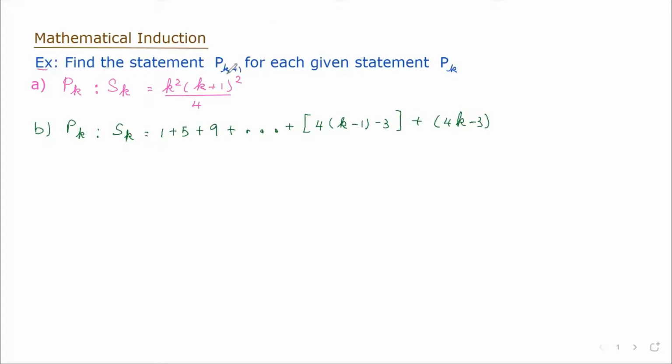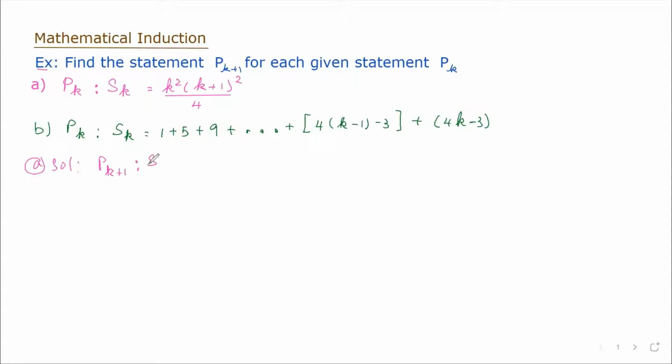Find the statement P subscript k plus 1 for each given statement P_k. You just substitute, where there is k, with k plus 1. For example, question A, we work on question A first. Solution: this is P_k, correct? So we replace k with k plus 1.